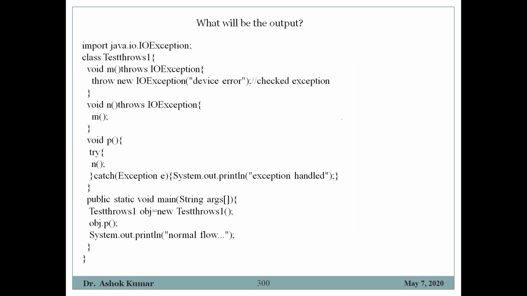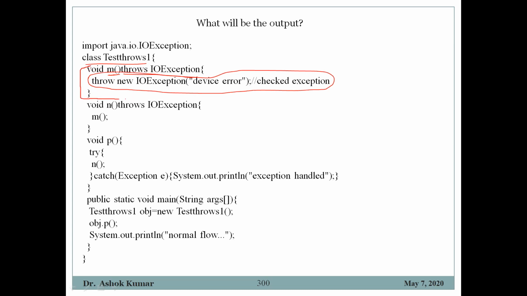So the next example based on the same concept is, here in this case we have one class, TestThrows. In this, one method m is there, which throws one exception. So again notice that this method is throwing the exception, but it is not handling it itself, right?